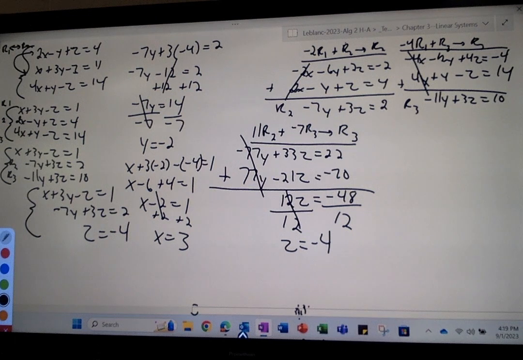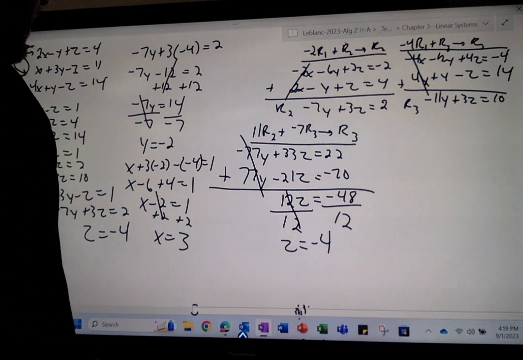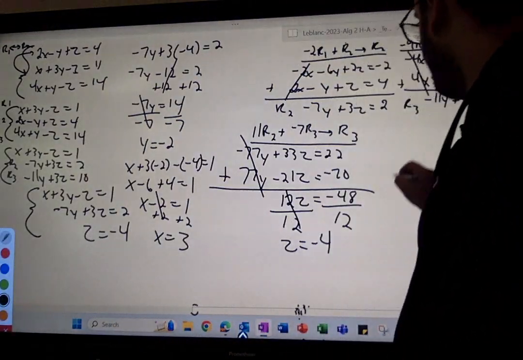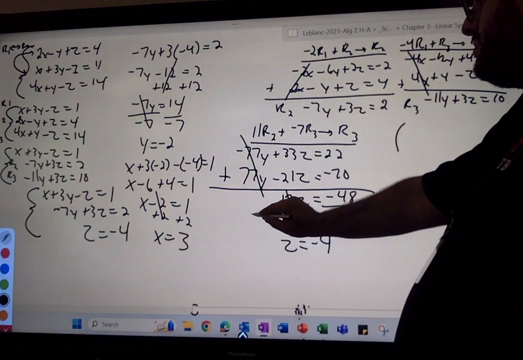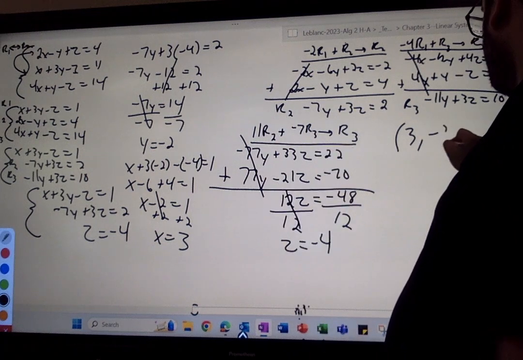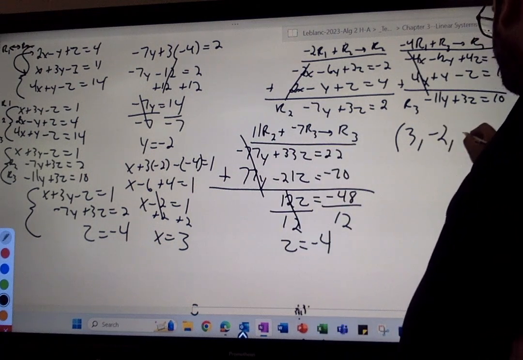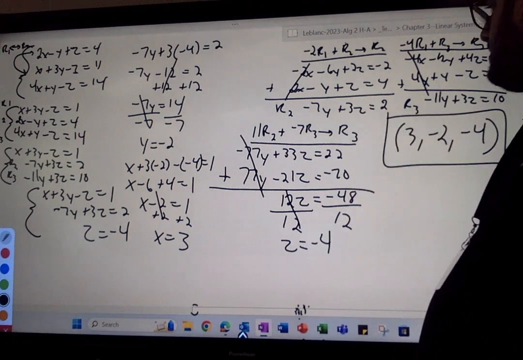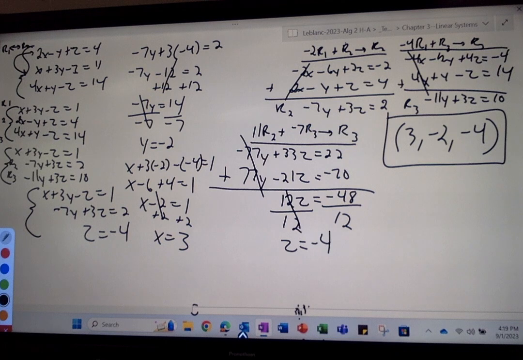I'm going to go ahead and write it out as an ordered triple: x, which is 3, y, which is negative 2, and z, which is negative 4. This is a consistent and independent system.